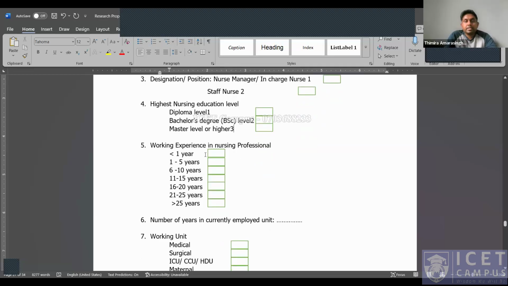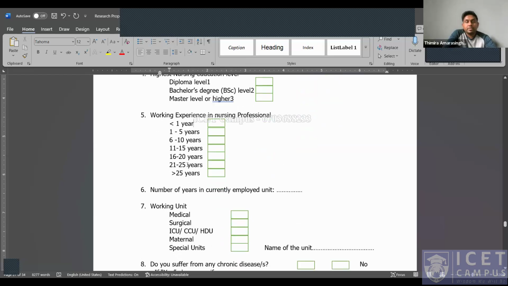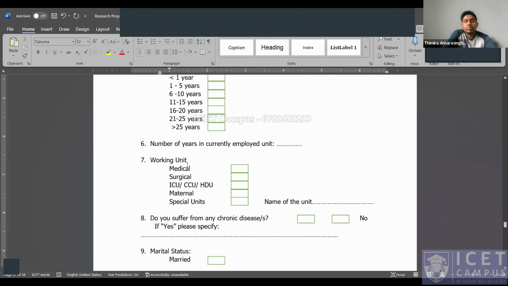Work experience, same thing. I can use numbers like 1, 2, 3, 4, 5, 6, like that. In this way, instead of using the letters, the wordings, we can use numbers to give values in quantitative research.